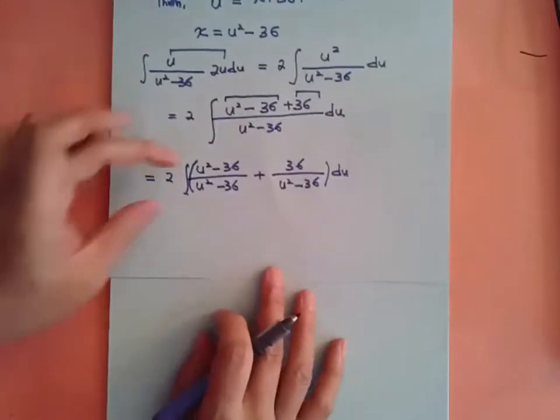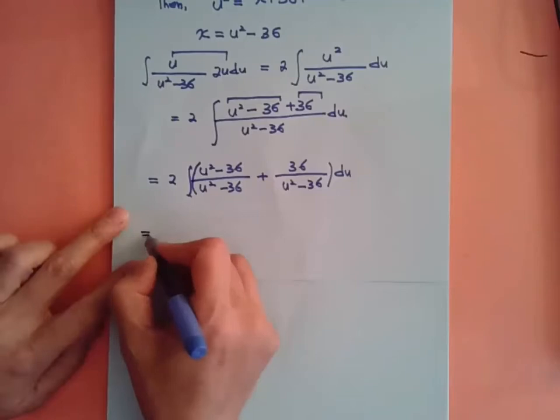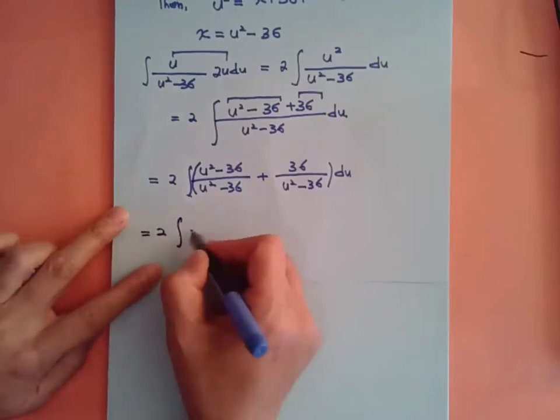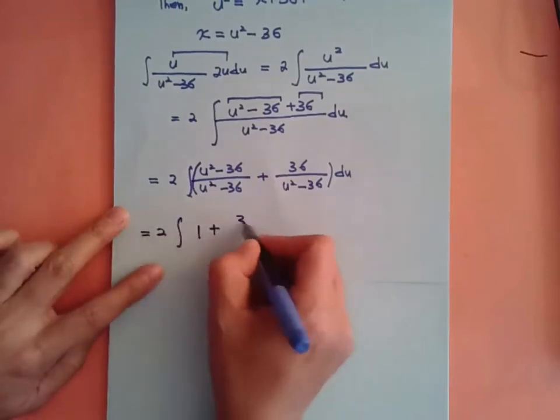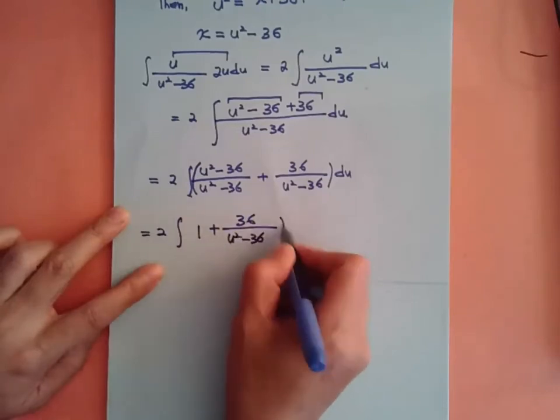So this fraction is 1, right? So we have 2 times the integration of 1 plus 36 over u squared minus 36 du.